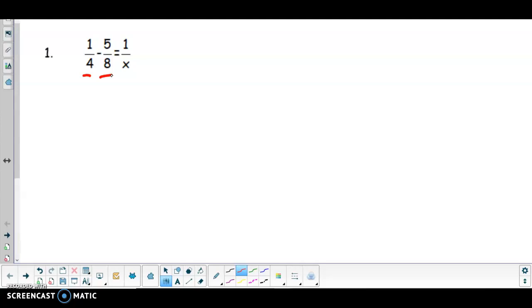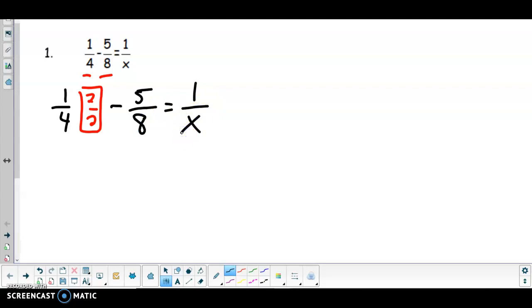So that form of 1 is going to be 2 over 2, minus 5 over 8. All right, so when we multiply this, we're going to get 2/8 minus 5/8 equals 1 over x.